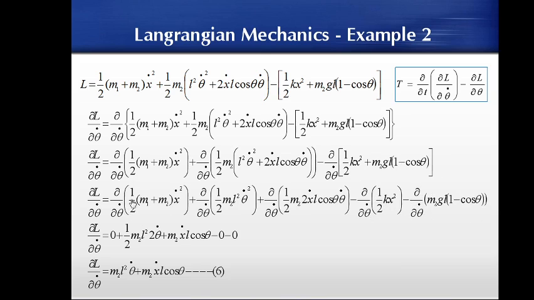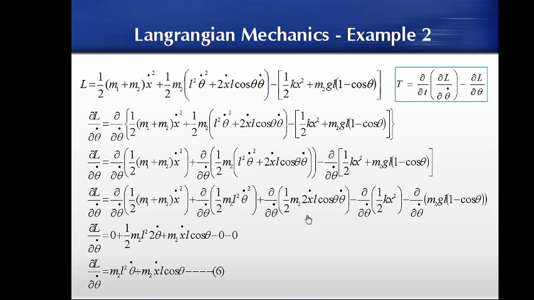Okay, so this term doesn't have theta dot square, so it's equal to 0. This has some terms, so on differentiating, half m2 L square is constant and the only variable is theta dot square, so ∂/∂θ̇ of theta dot square is equal to 2 into theta dot raised to 1.